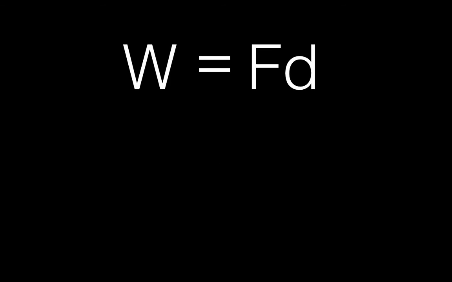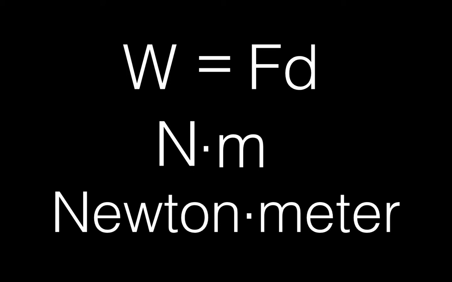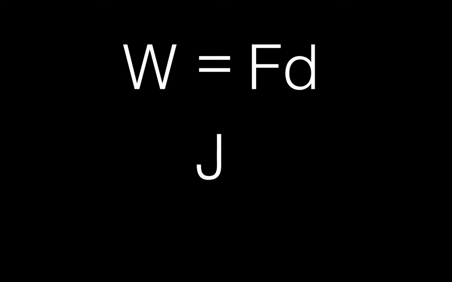So one last thing before we move on, now that we've done our equation of work equals force times distance, and you've seen how it works, let's talk about the units of our equation. Okay, so you know that force is in units of newtons, and our distance is in units of meters. So when we combine these particular units, we get what's called a newton meter, or a joule, with a capital J. Okay, so this is a joule of energy.